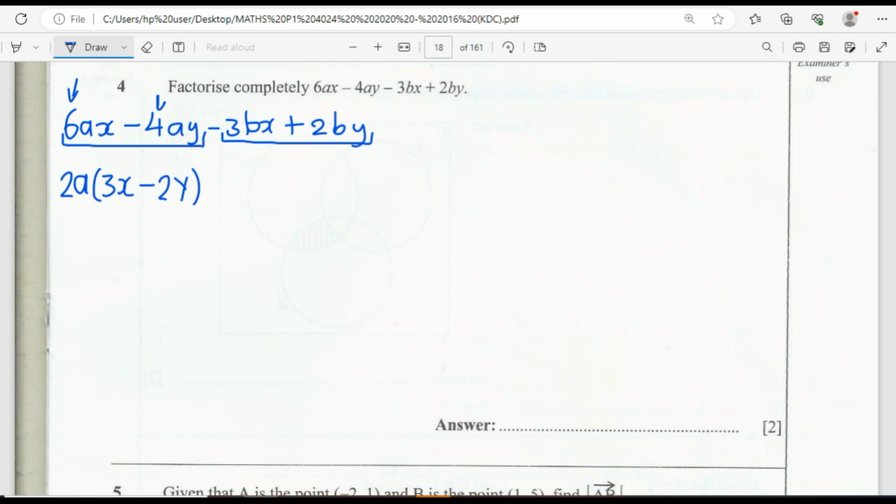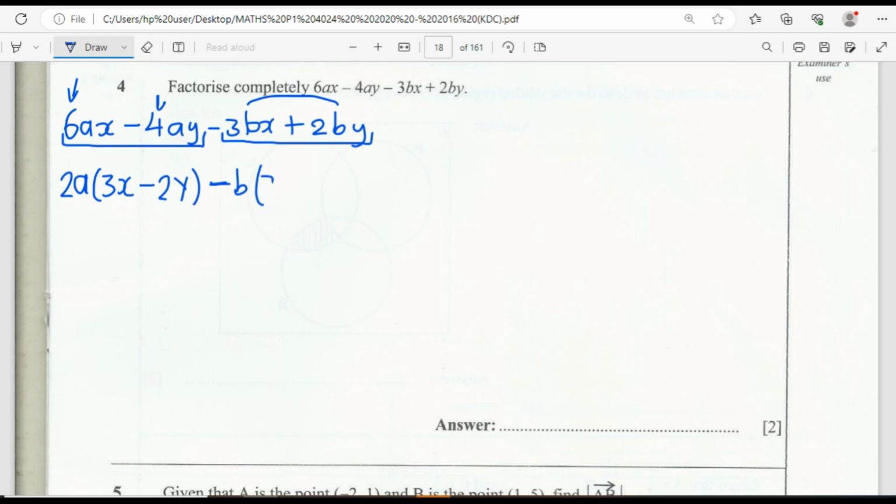Now let's look at this part here. So what do we have? Since the 3bx is positive, we need to make sure that we take out a negative. Then we'll put b, also b is common. Then let's divide negative b into negative 3bx.